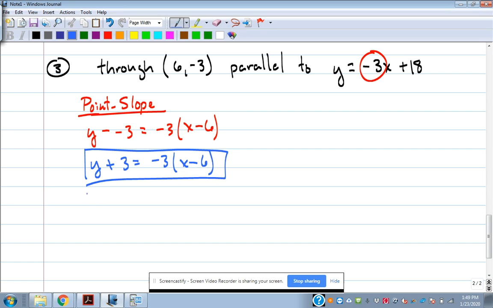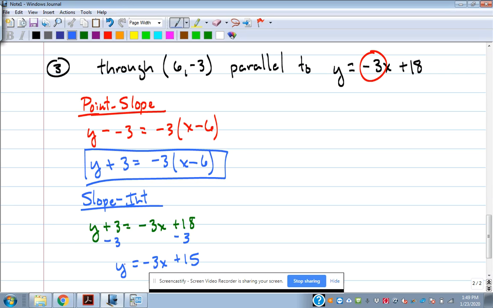And we can get that into slope intercept. Distribute the -3. And then subtract 3. And there's our slope-intercept form equation.